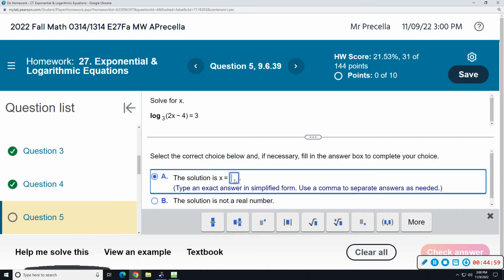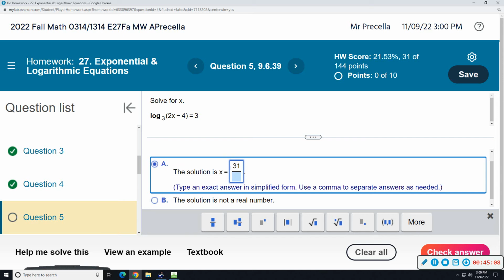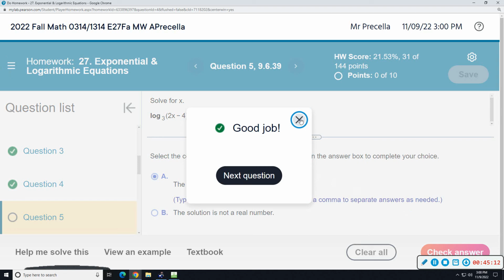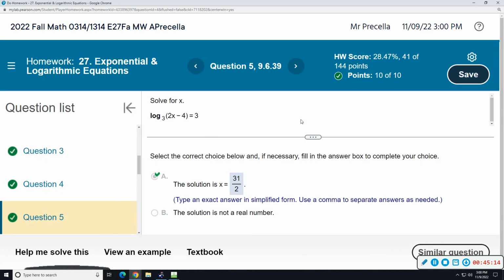On these problems, you usually have an option that says something like either not a real number or empty set. That would happen if you wind up with a negative number after the logarithm. Okay? And I'll demonstrate that in a moment.